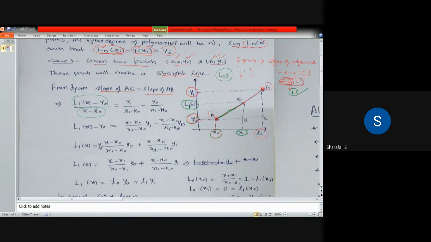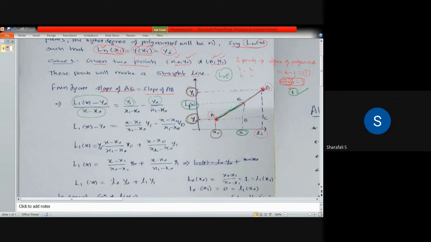Similarly for AB, if you consider the straight line from A to B, what will be the slope? The slope will be y1 minus y0, you can see here. You can directly take it or you can split it, no problem.